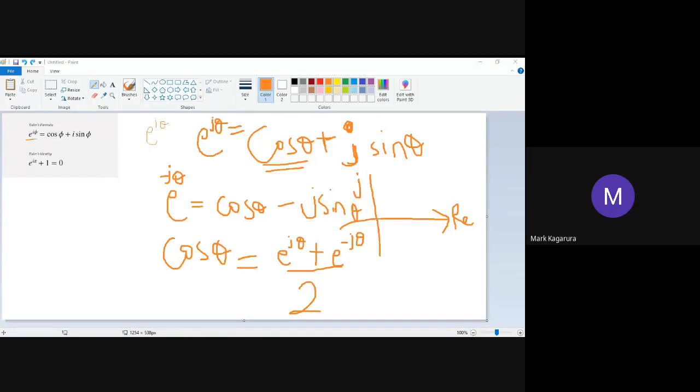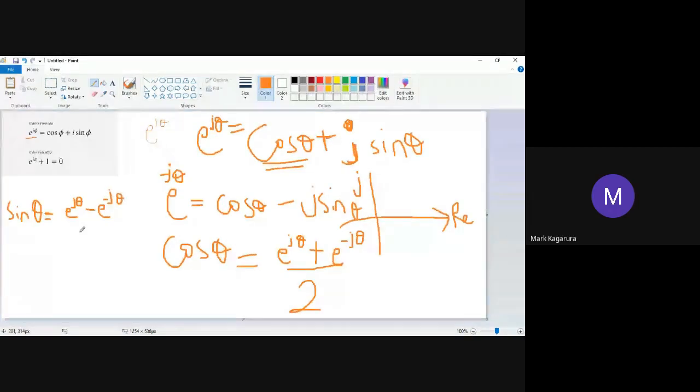Okay, so I think everyone who was outside is now in. Yes, we are saying that sin θ is going to be equal to, so we'll just subtract these two, so it will be e^(jθ) minus e^(-jθ). So in this case, you don't divide by just 2, you divide by 2j. So that is how you get this back.